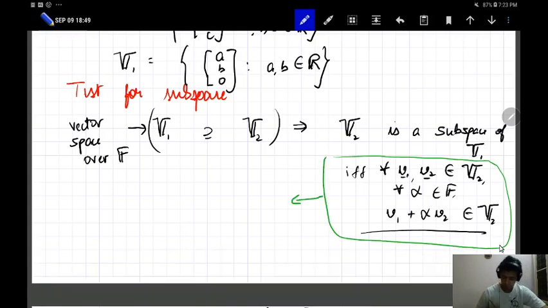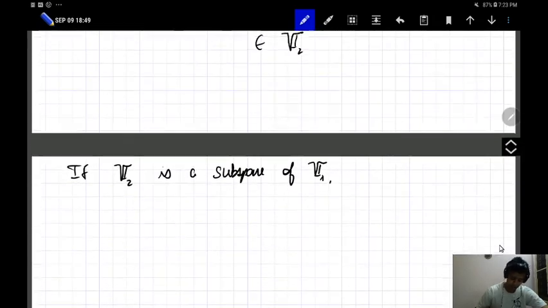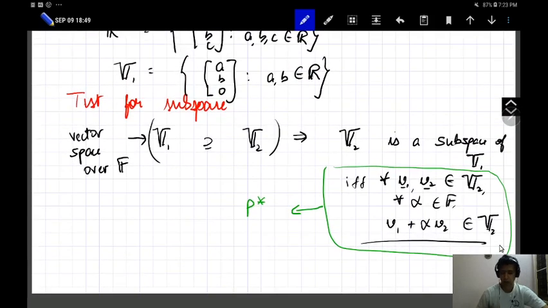This is the property that V2 is closed under linear combinations, right? So V1 plus alpha V2 is a linear combination of V1 and V2, and this says that V2 should be closed under linear combination, right? So let me call this property P star. Okay, and if V1 is a vector space, then clearly P star must be satisfied.